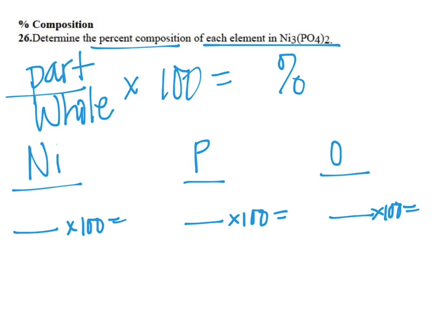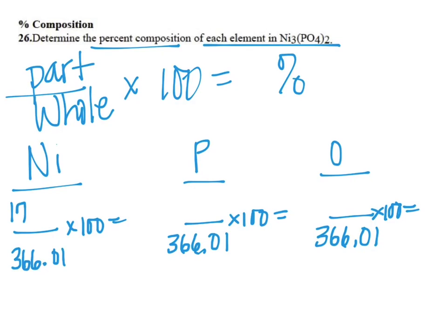So, what is the molar mass of nickel phosphate? 366.01. And nickel is 176.1. So when we get that, I get 48.1%.